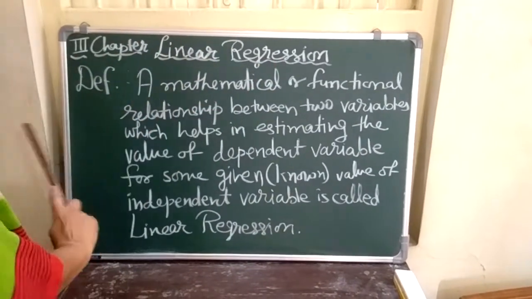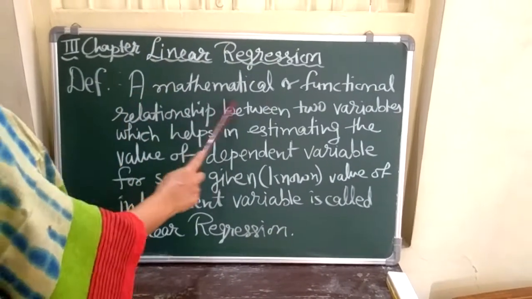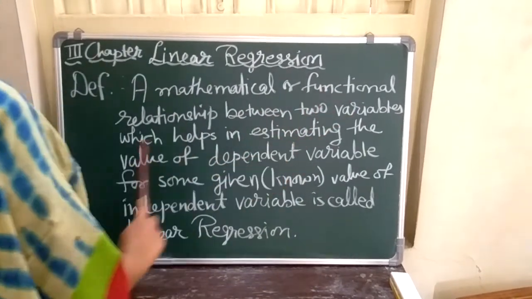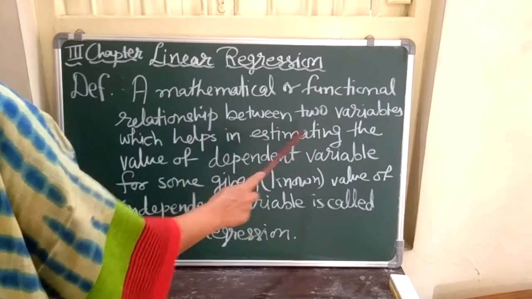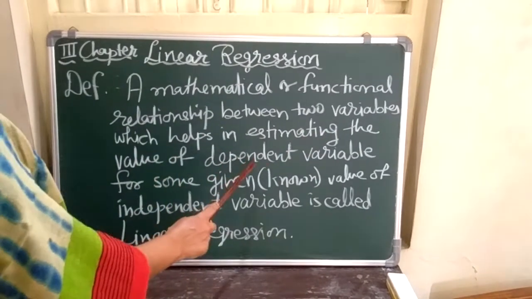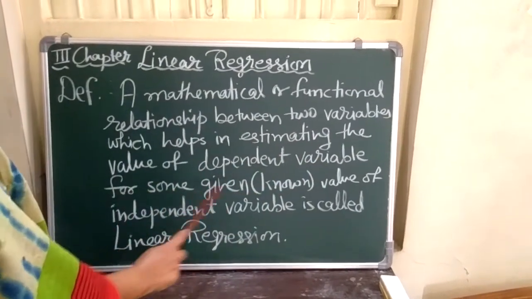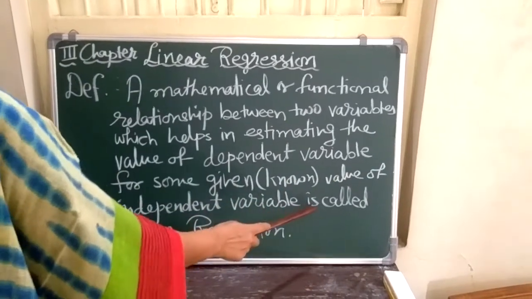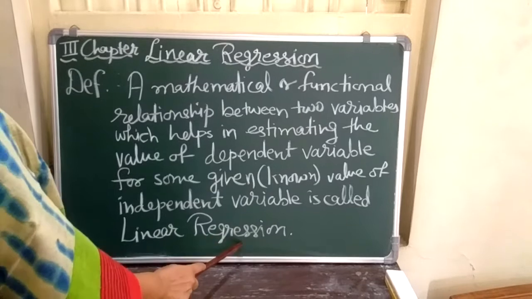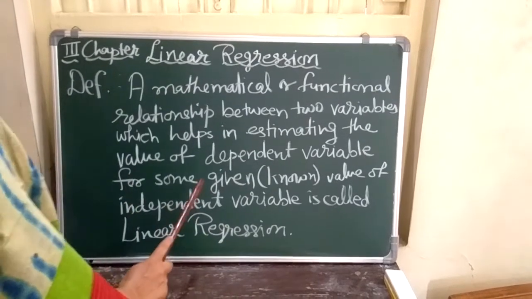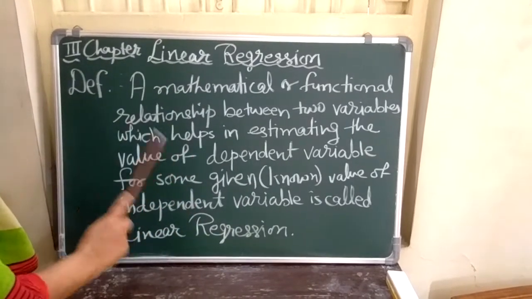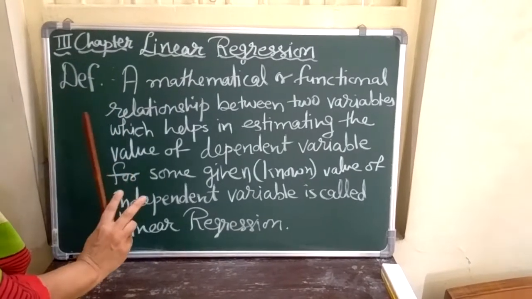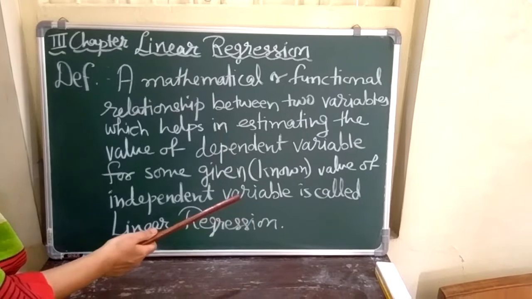Definition of linear regression: it is a mathematical or functional relationship between two variables which helps in estimating the value of the dependent variable for some given, that is known, value of the independent variable. We have already seen there are two types of variables, x and y.